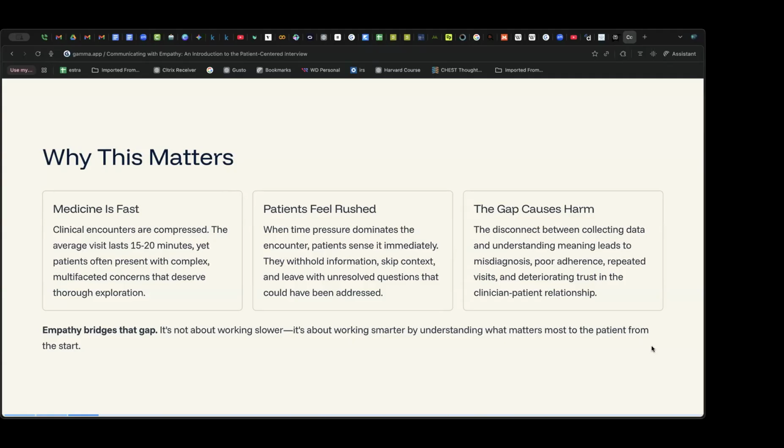Hasn't it happened to you before where someone rushes you and then they leave and you're like, oh man, I meant to ask them this question? Why didn't I ask that question? Patients feel rushed. You are rushed. So when you are using empathy, it sometimes can bridge that gap. What is one other example that I use for patient-centered encounter?